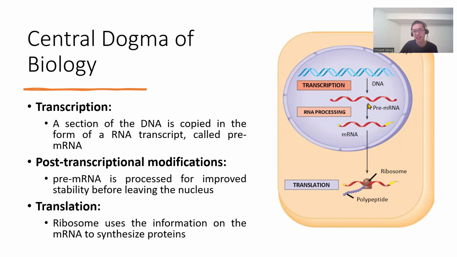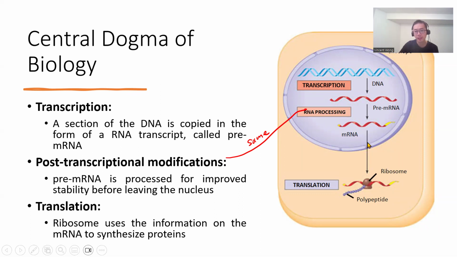We've got to fix it up, and to fix it up, we do what's called transcriptional modifications, which is the same as RNA processing. We need to process it and improve its stability so it's not going to break down too quickly. And then we will get the actual RNA.